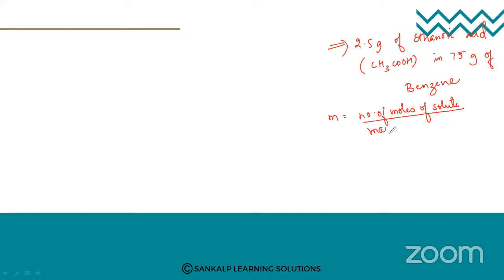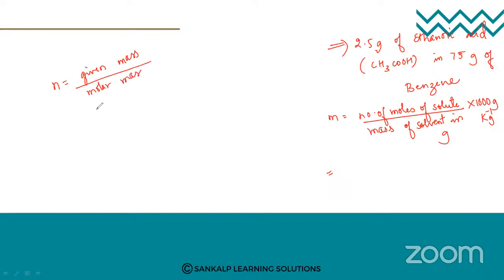The mass of solvent is given in grams, so you have to multiply by 1000 gram per kg. Put the values. 2.5 grams is given. The number of moles is given mass upon molar mass.